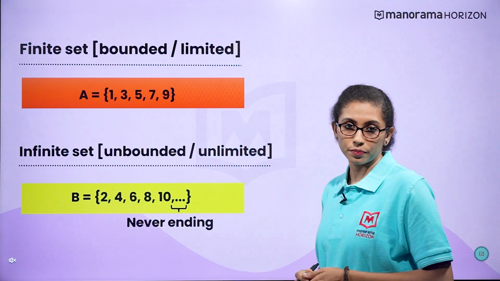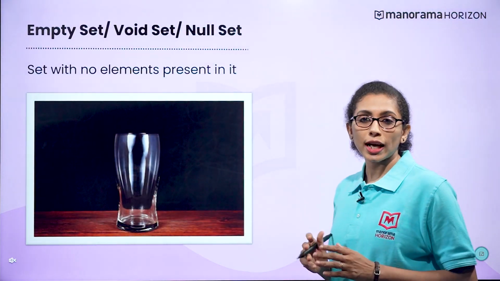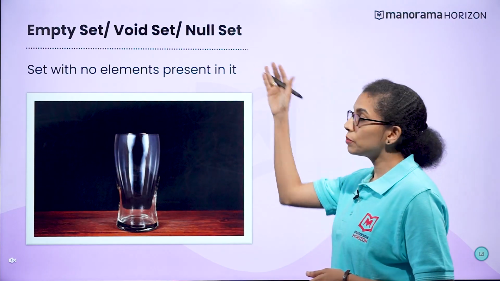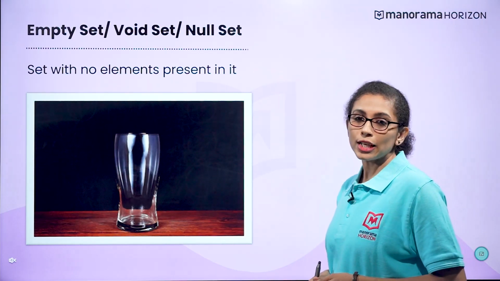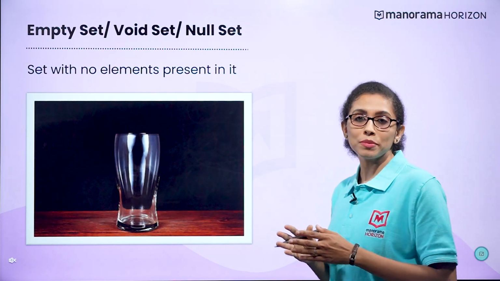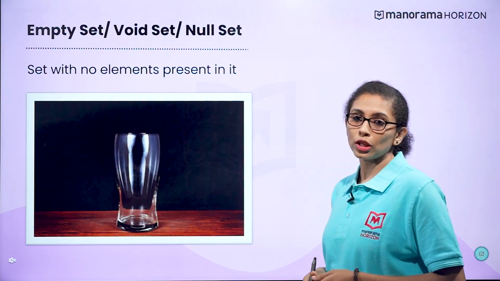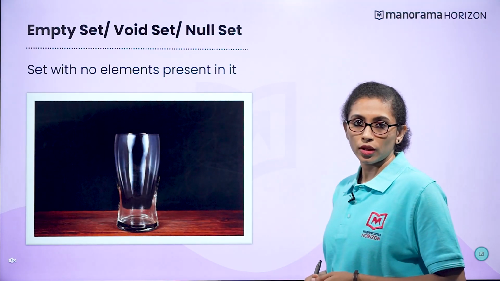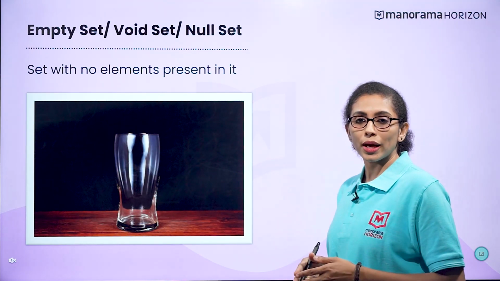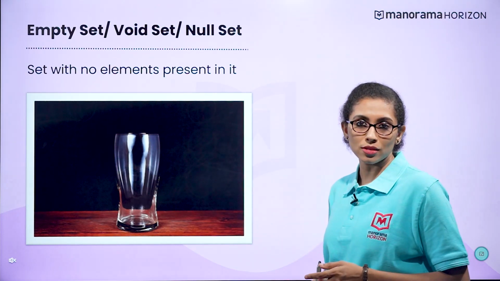Let's move our discussion to the next type of set, that is empty sets. A set with no elements present in it is called an empty set or void set, or it can also be called a null set. Sometimes people compare an empty set to a bucket or empty glasses.